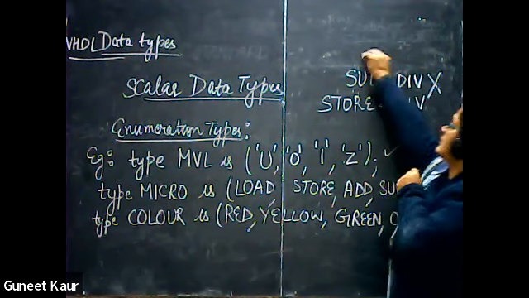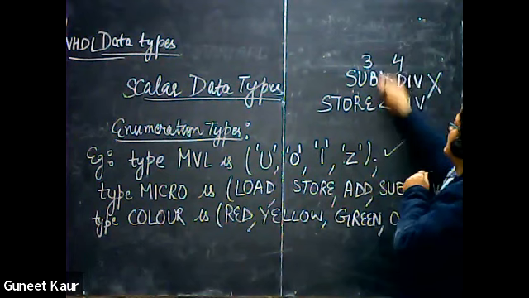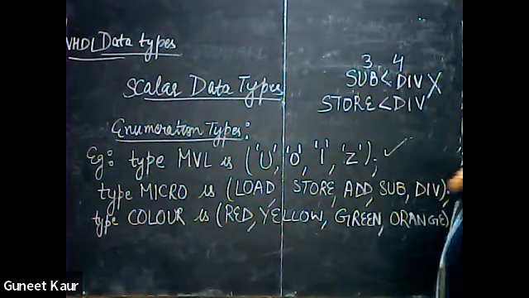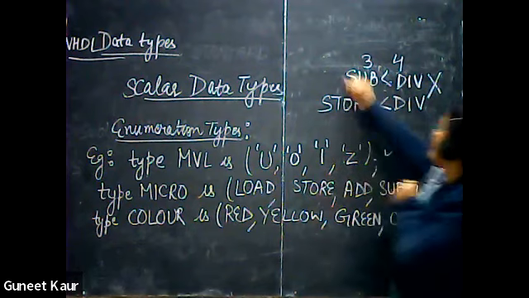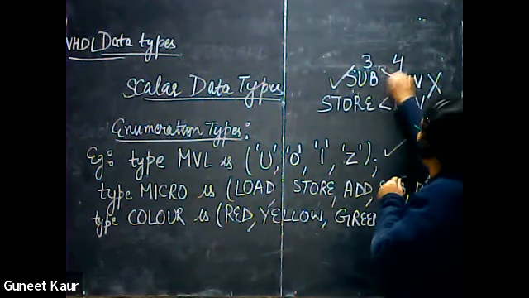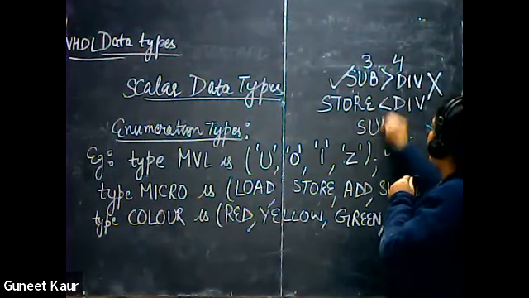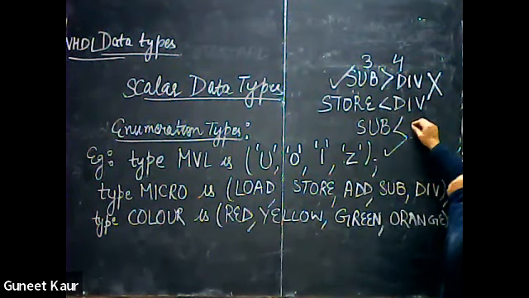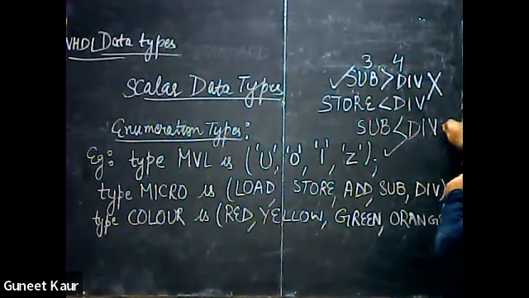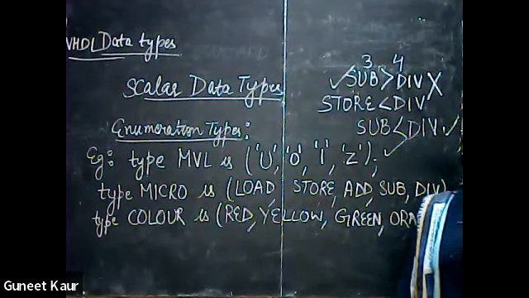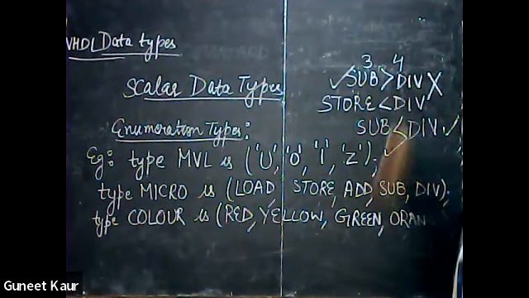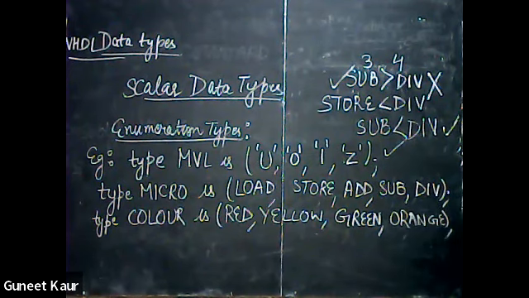The relation should be sub less than div. That will be right, but if it is greater than, it will be wrong. Sub less than div is true, and sub greater than div is false, because it is in ordered way. So this was the explanation for that.